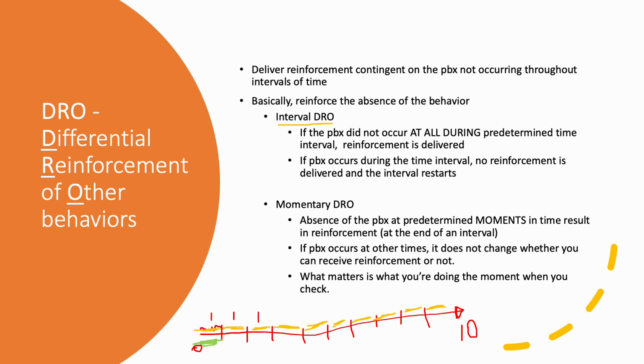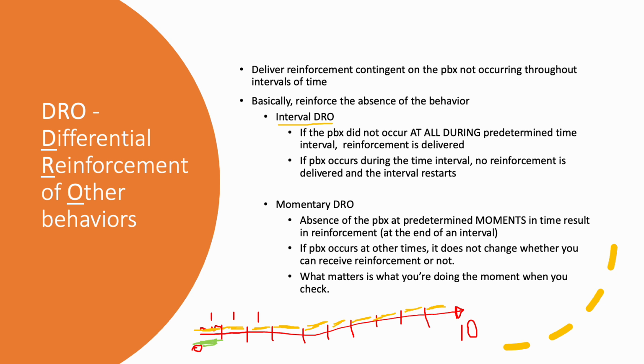If it did occur at any given moment in that interval, no reinforcement is delivered. If the behavior does not occur during that specific interval, then reinforcement is delivered, and so on. Okay, and then with interval DRO, if problem behavior occurs during the time interval, no reinforcement is delivered, and then the interval restarts.